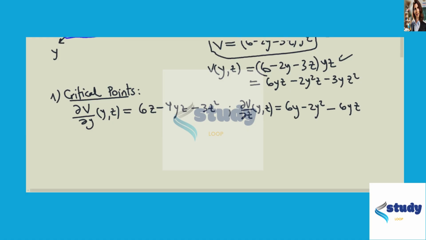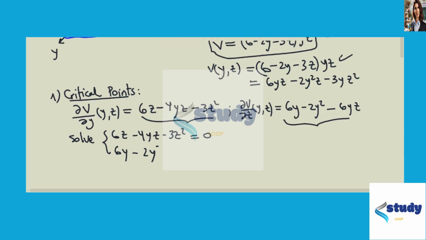And so we got to solve the system of equations: 6z minus 4yz minus 3z squared equals 0, that is, this partial derivative equals 0, and this equals 0: 6y minus 2y squared minus 6yz equals 0.